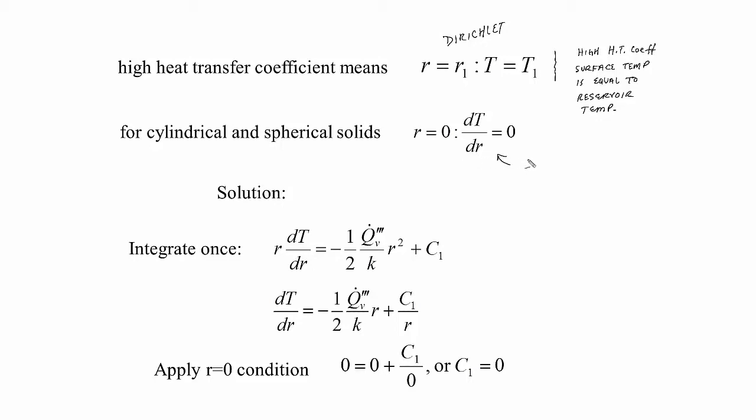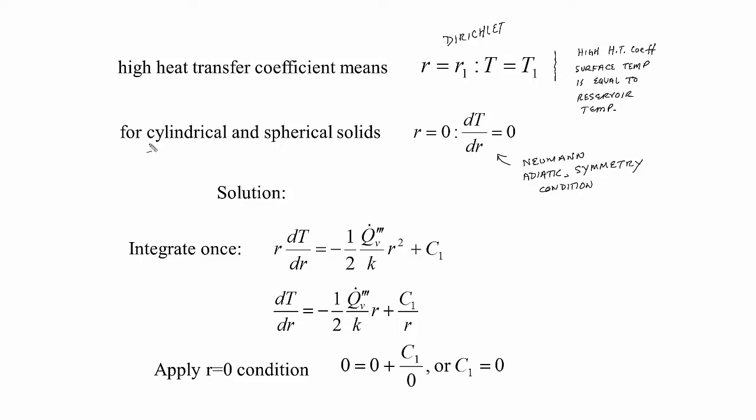Here, for the other boundary condition, we have a Neumann condition, and it's a particular Neumann condition, which you can call an adiabatic condition. For this system, it probably makes more sense to call it a symmetry condition. And what it means is this.